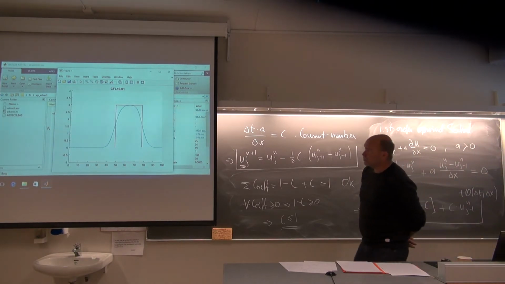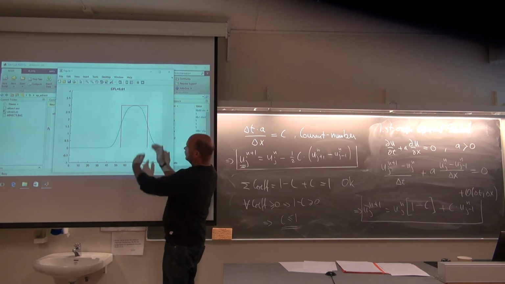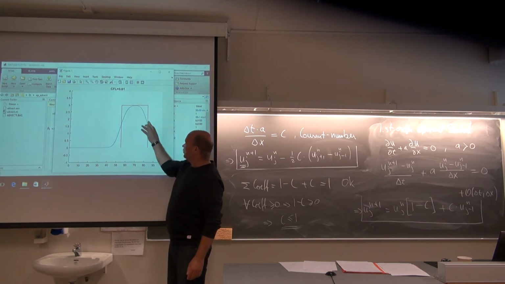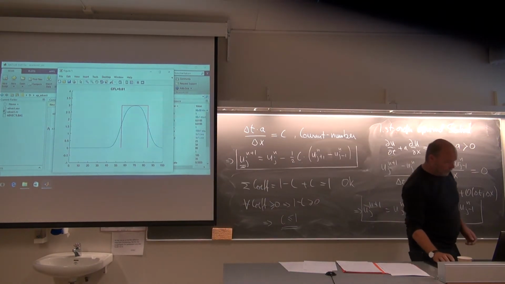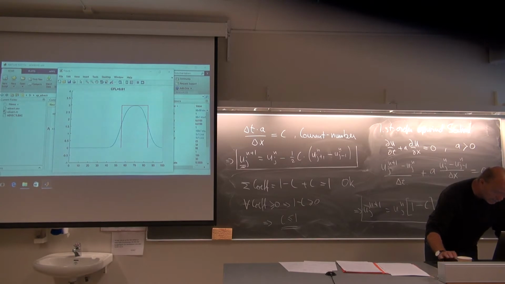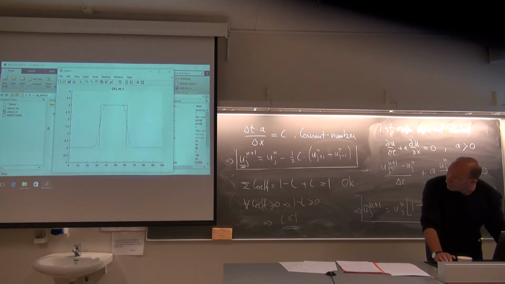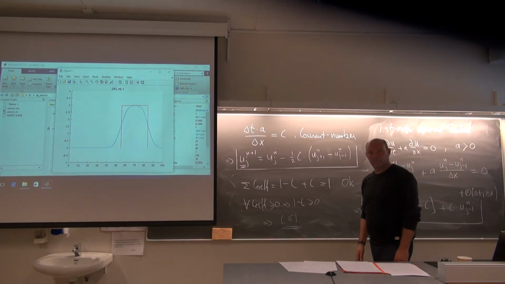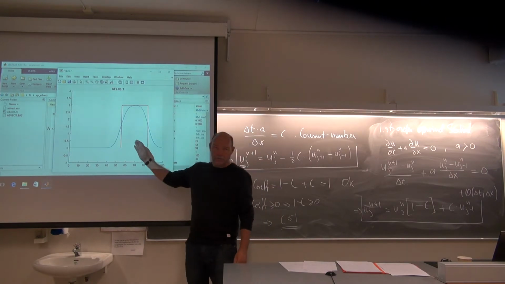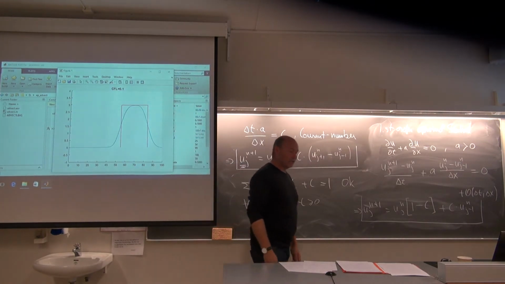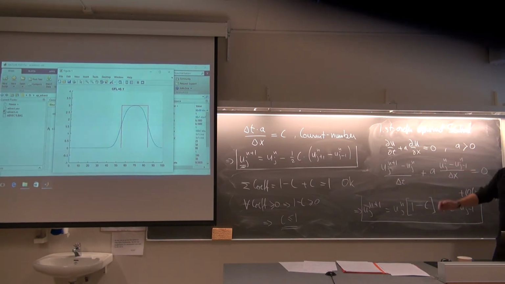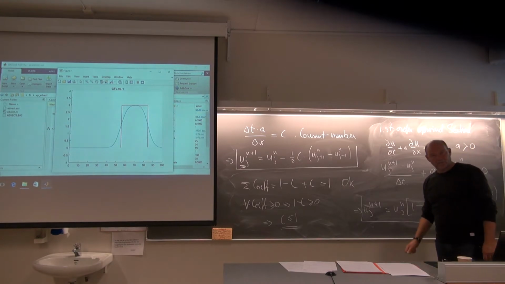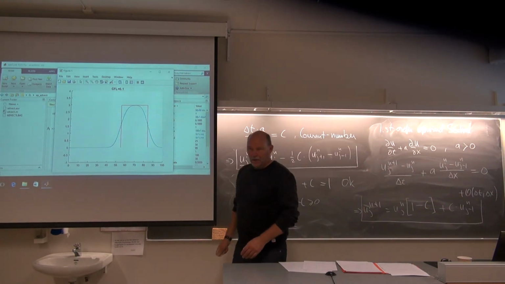The correct solution should be the red box, should be square. So you see we have smeared out these sharp gradients on each side. And if we increase the time step by a factor of 10 and run again, you get the same effect. So yes, it is stable, but rather inaccurate. So that is the effect with the first order upwind scheme. Any questions? Then we take a break.